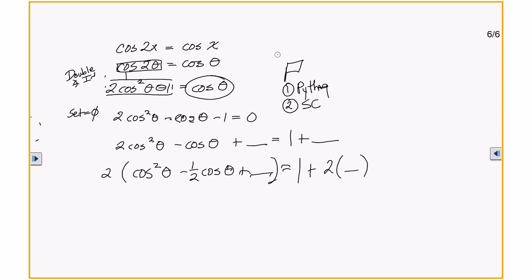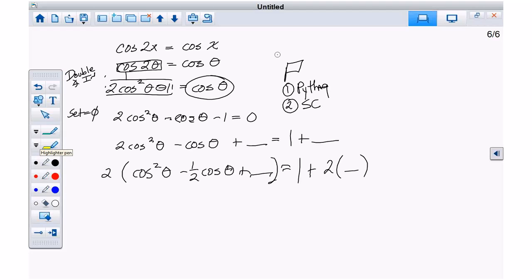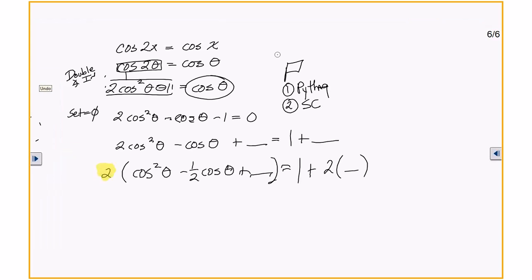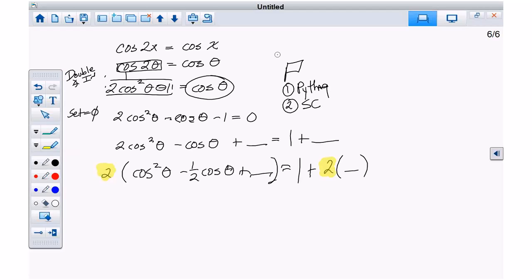And remember, when you factor out something, whatever you factor out, you have to multiply by that. Now we can complete the square.